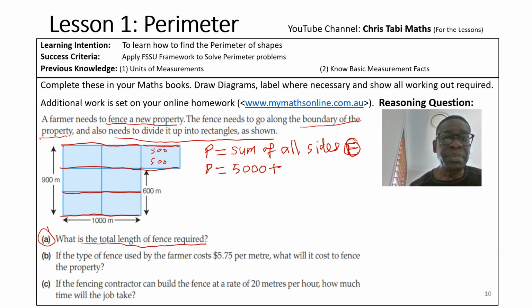plus this is 900, 900, and 900 up to that point. So that gives us 2,700. Now, because this is 600 and that's 900, it means that one here is 300. So plus 300.